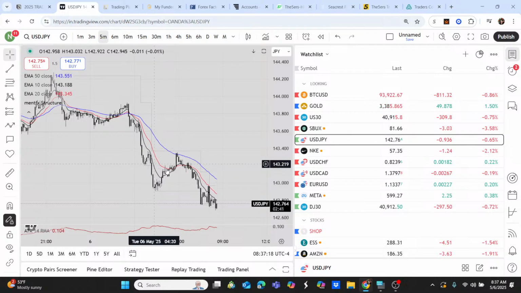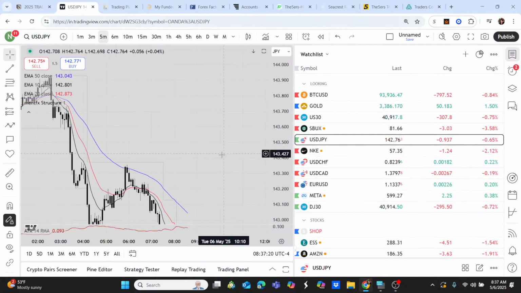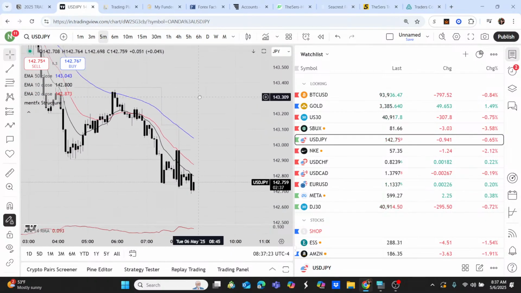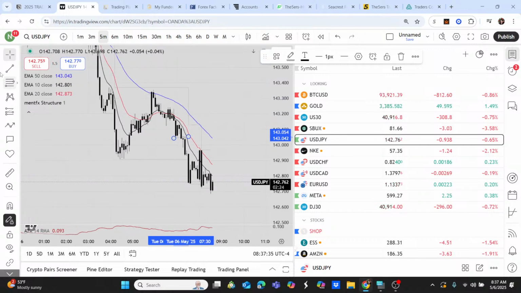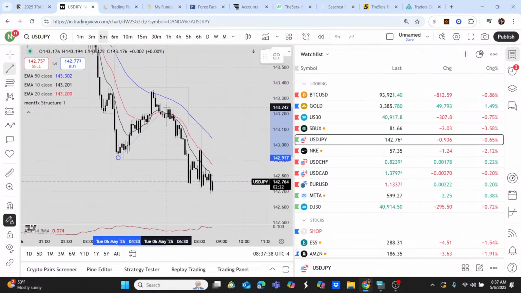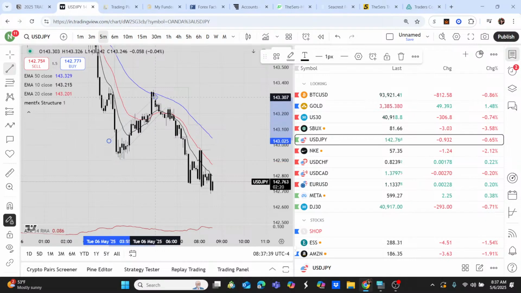Probably some good opportunity. Yeah, look. There was a good opportunity right here on the 5-minute time frame, but I just wasn't on the charts. There was a good opportunity right here. If you've been watching, we had a straight move down, straight move up to the 50 in a bearish trend.